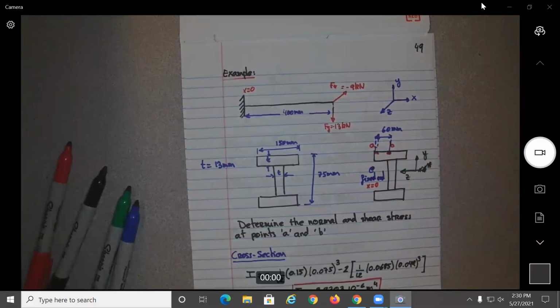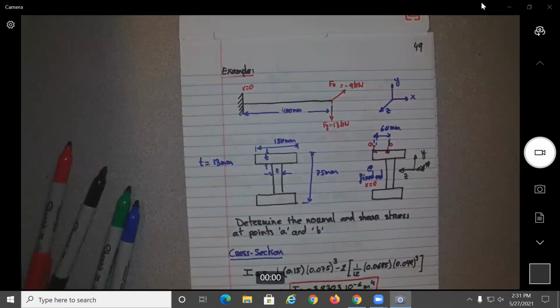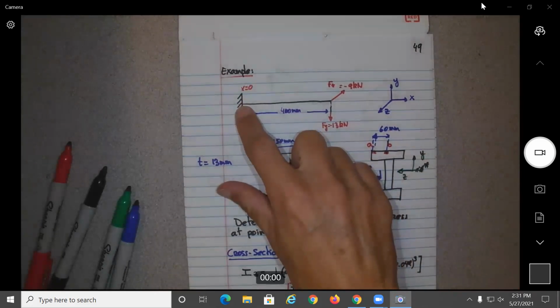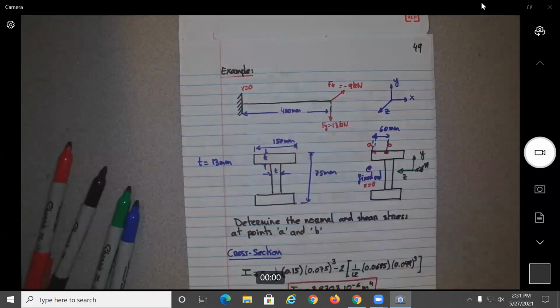Let's do the whole procedure, okay? What I was trying to say is, do we need to calculate the shear and bending moment diagrams at the root, or do we know their value? What did we just discuss about the homework problem? The value of the shear should be equal to the value of the reactions, and the value of the moments will be equal to the value of the reacting moments.